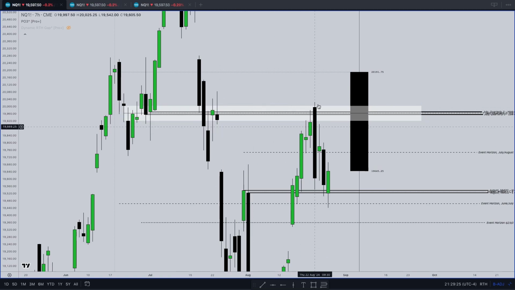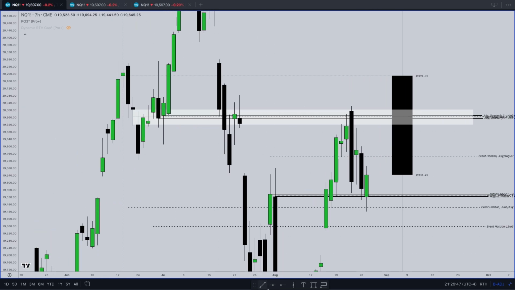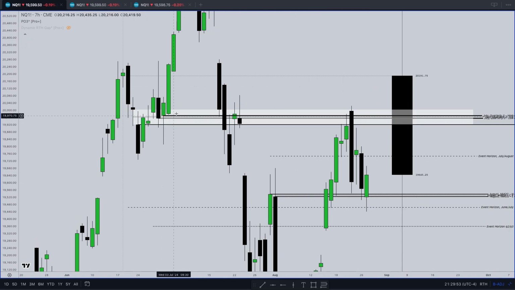but the significant draw on liquidity that I was expecting to reach was this quarterly opening. But because we have here a cluster of gaps, for me, I want to consider also this gap that is outside of this one. You can use a line if you don't have one in the box.